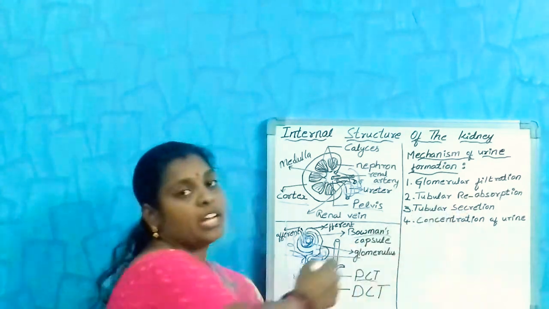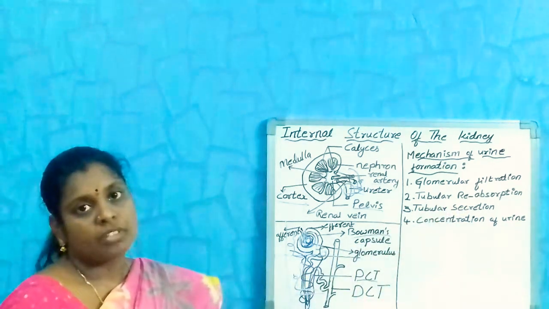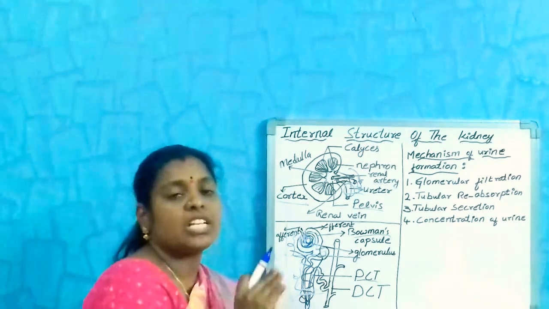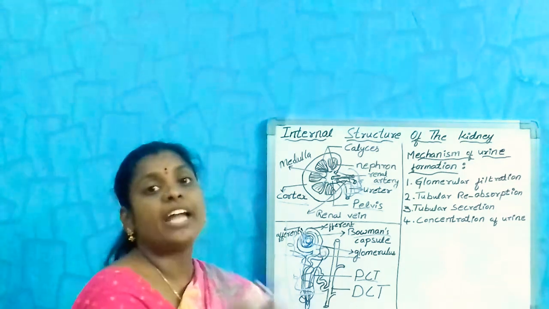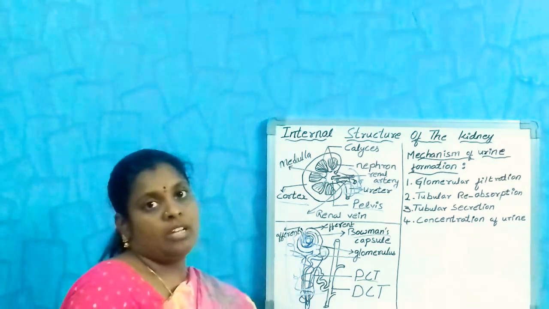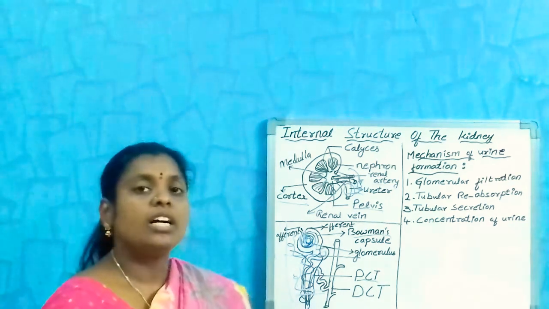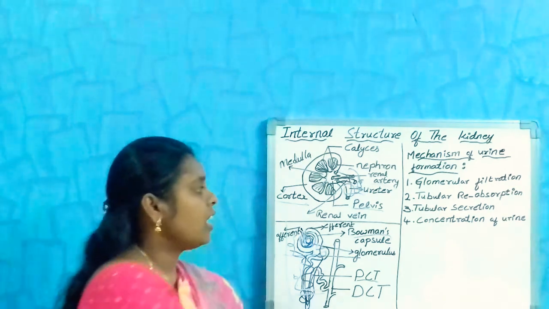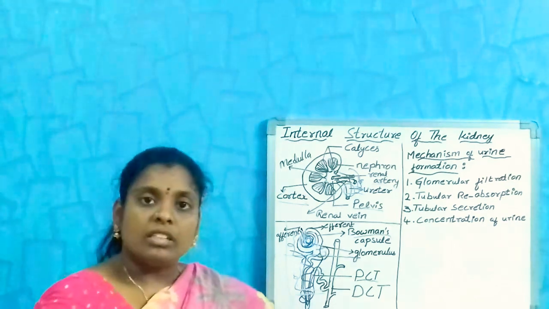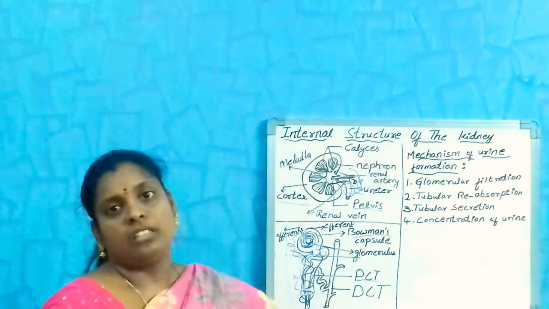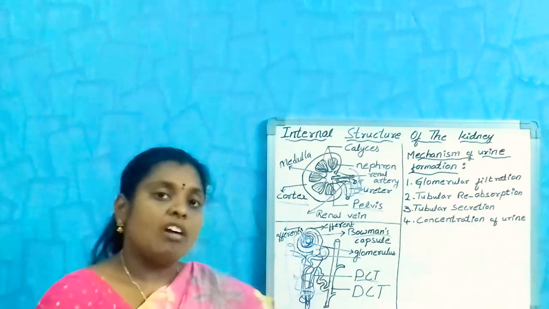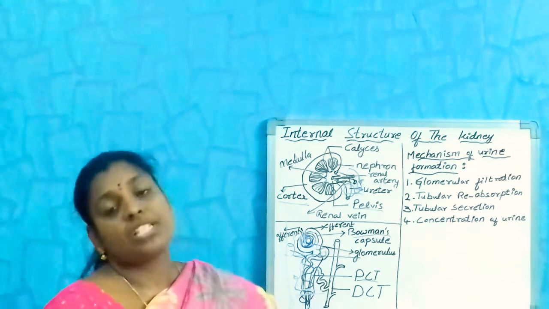Next, tubular secretion. Here there is no function of the loop of Henle; it just connects the PCT and the DCT, with no special function. When the blood reaches the DCT, the filtrate formed in the tubular reabsorption step has the same components as the blood.